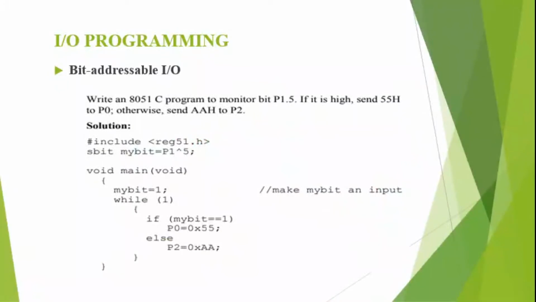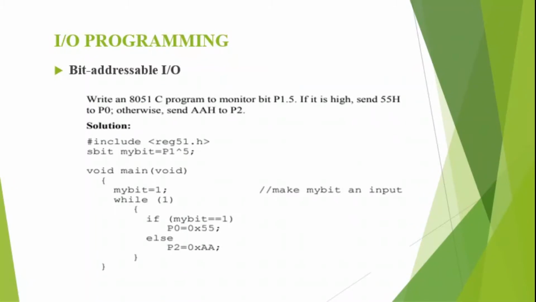Next program: write an 8051 C program to monitor bit P1.5. If it is high, send 55H to P0, otherwise send AAH to P2. So again we are assigning port 1's D5 bit to the myBit variable using the data type sbit.